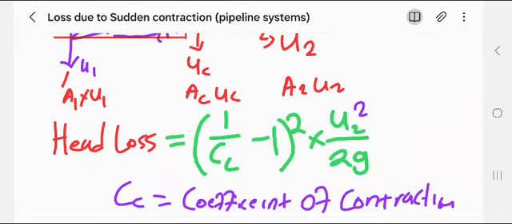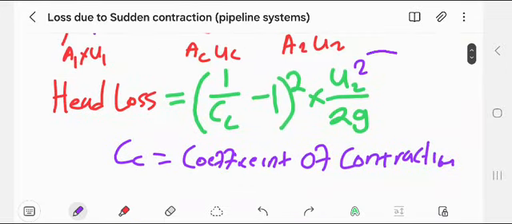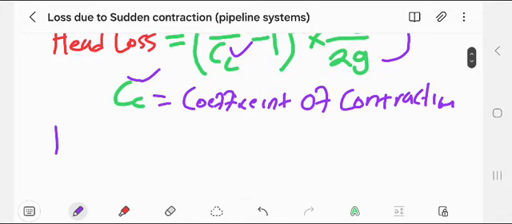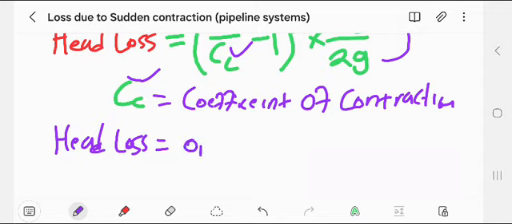But you use this formula only if you are given that coefficient. If you are not given it, the head loss due to sudden construction will be 0.5 u2 squared over 2g.